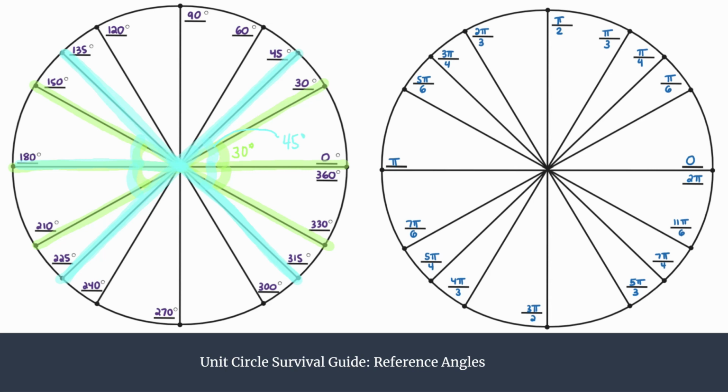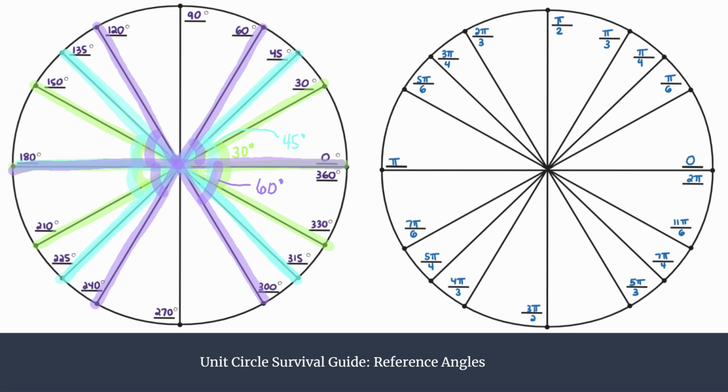Finally, we have our 60-degree reference angles. Look here, 60 and 240 both have a 60-degree reference angle, getting back to that x-axis, as do 120 and 300. All of those have that 60-degree reference angle.